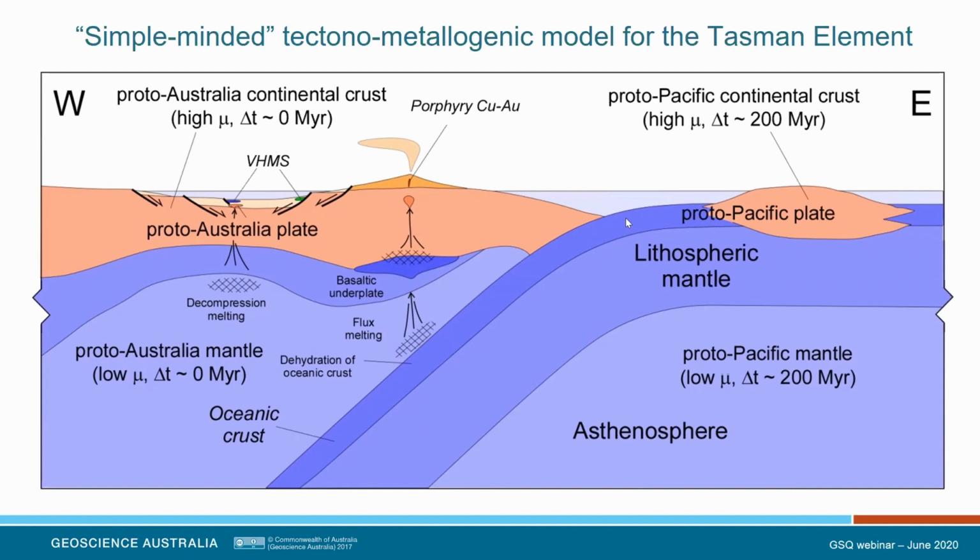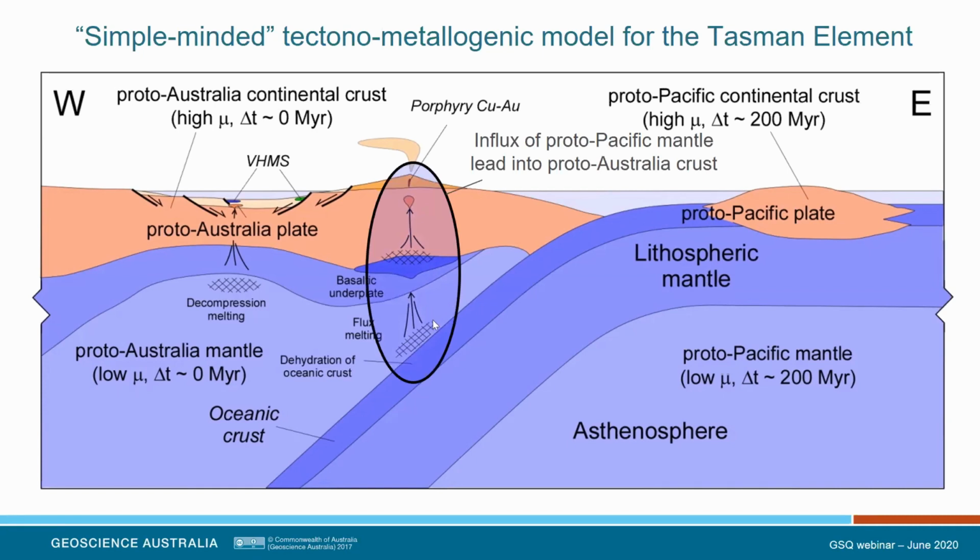But the interesting thing about this is if you melt the subducting slab or the mantle just above the subducting slab, you're actually going to produce a signature with a proto-Pacific type of lead. And that's actually what we see in the Macquarie arc and the porphyry copper systems associated with the Macquarie arc. And so you can use the lead isotopes to understand the tectonics, but also to predict the style of mineralization that you're going to have.